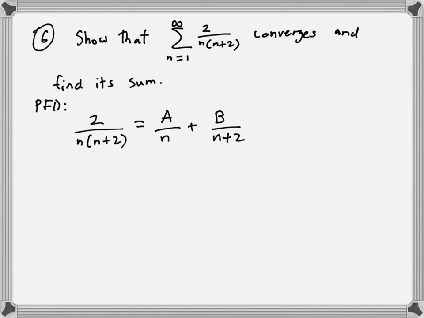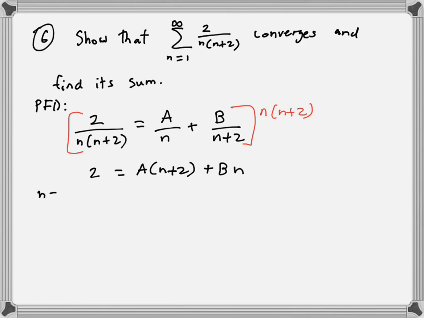So I'm going to multiply by the LCD. I'm going to multiply this whole thing by n times n plus 2. This leaves me with 2 equals a times n plus 2 plus b times n. And as we know, we can plug in anything we want for n in order to speed things up.